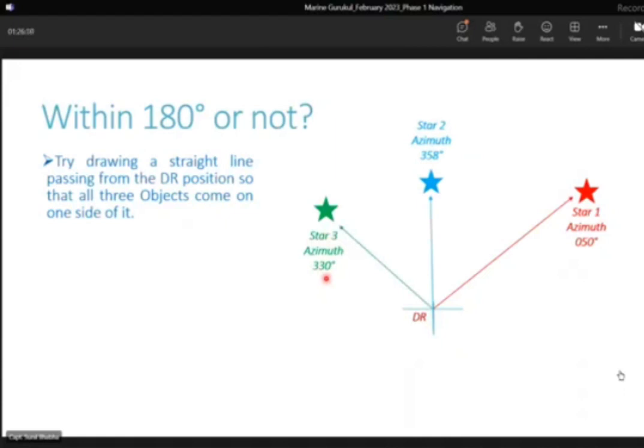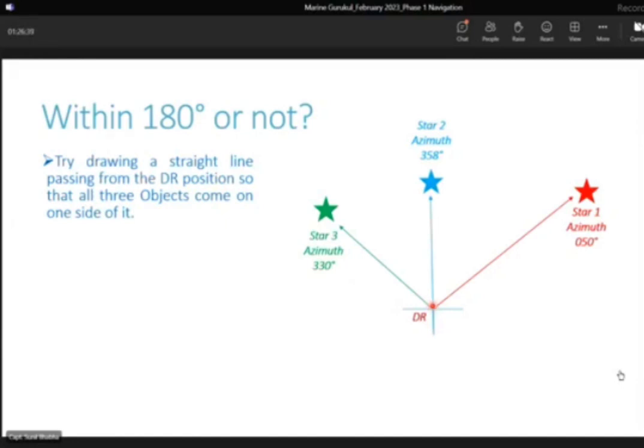We are just assuming some values to understand the concept of how to identify whether bearings are within 180 or not. Now, once you have made this simple diagram, having the DR position and the three celestial bodies and their azimuths, you try to draw a straight line passing through the DR position so that all the three objects come on one side of it.